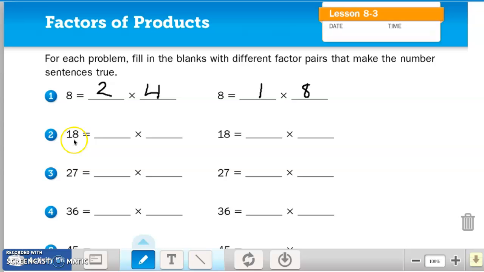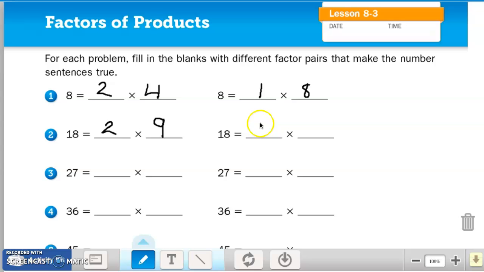All right, let's look at 18. Think about 2 again, because remember all the even numbers can be divided by 2. So we know that 2 times something equals 18. Try to figure it out. Hopefully you figured out it was 9. 2 times 9 is 18.